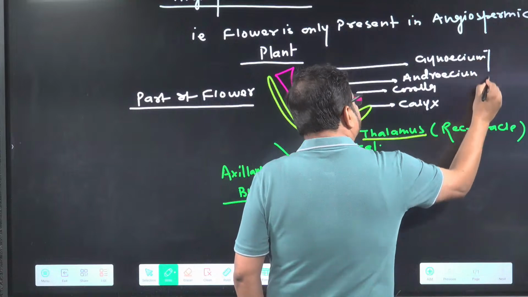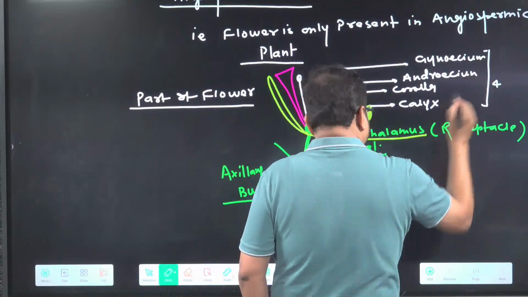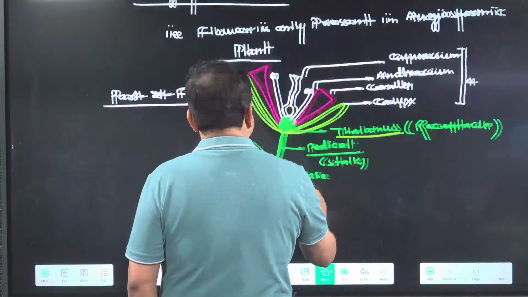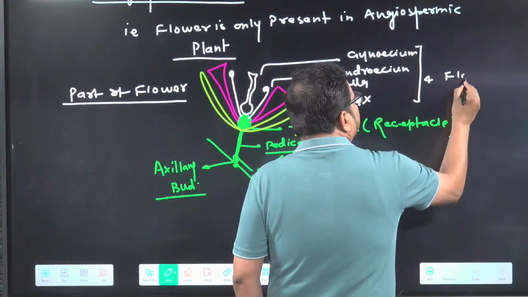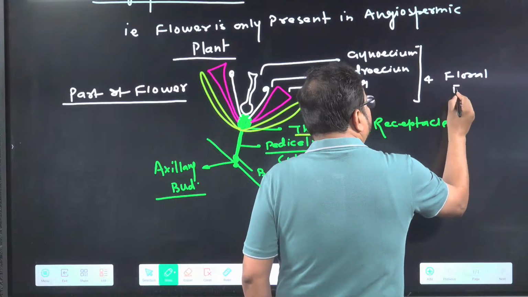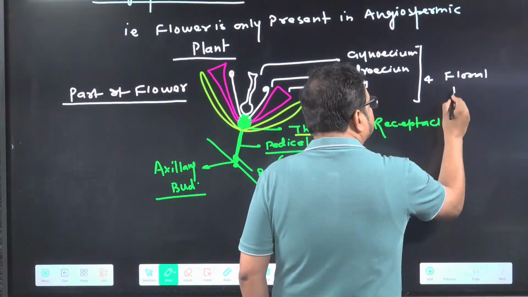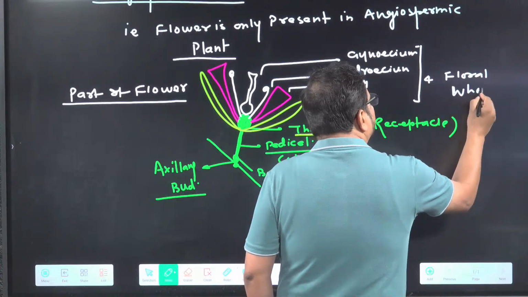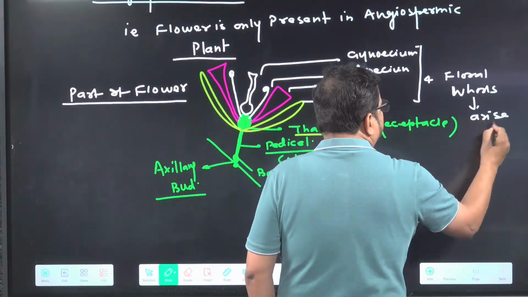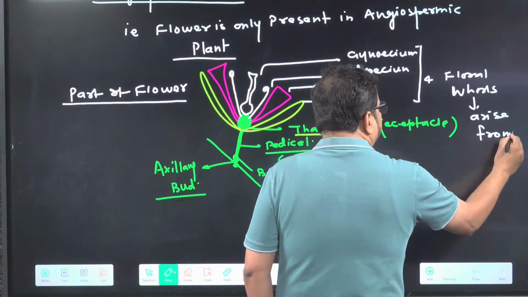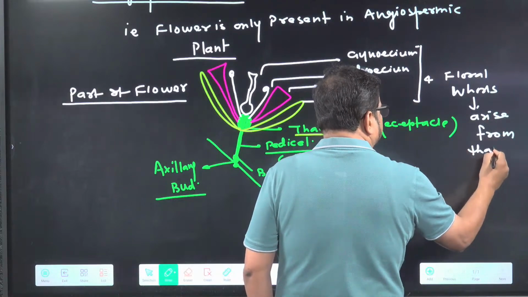So these are the 4 floral whorls arising from thalamus.